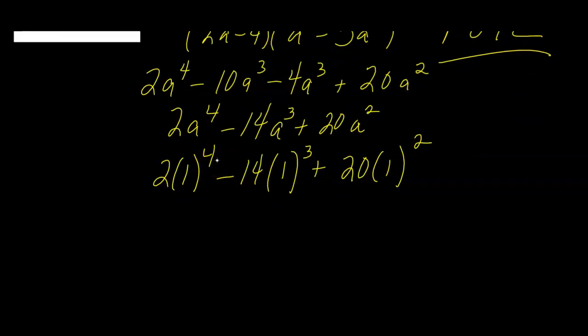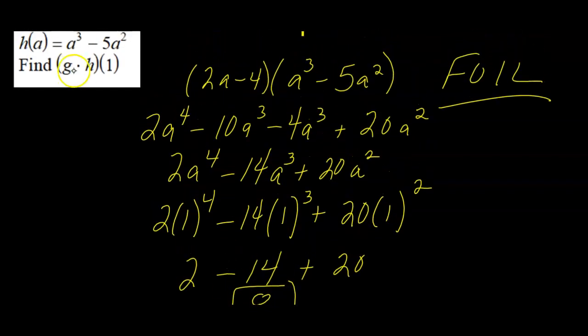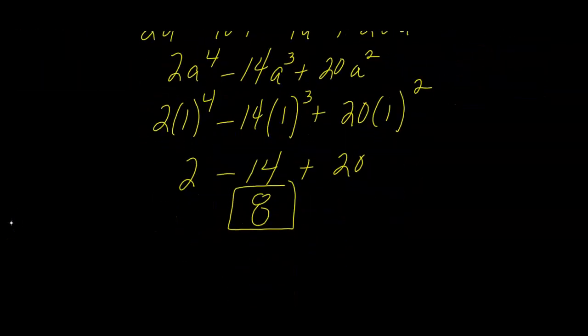So this just turns into 2 minus 14 plus 20. Okay, so for our original problem, they asked us to find g times h of 1. So that means if you have a number here, we have a number as an answer.